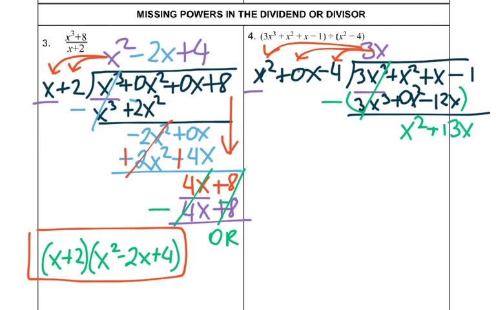Since I'm dividing by 3 terms, I have to bring the next term down. And I repeat the process. x squared divided by x squared is 1. Multiply 1 times x squared plus 0x minus 4.